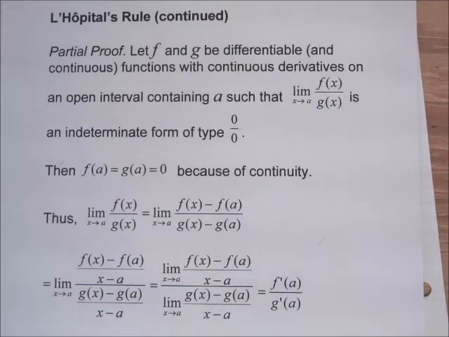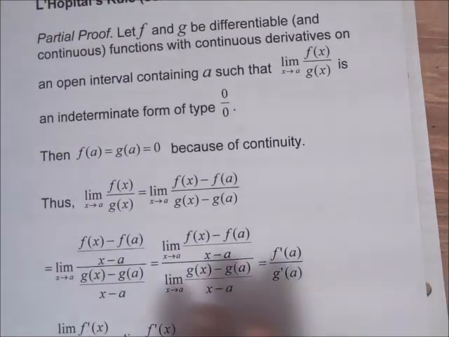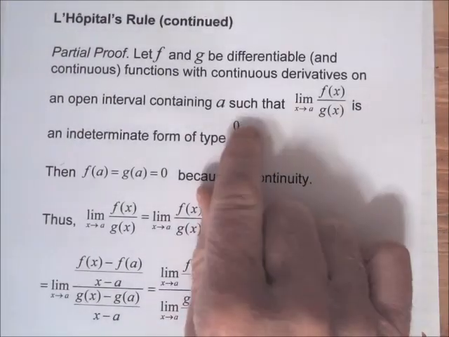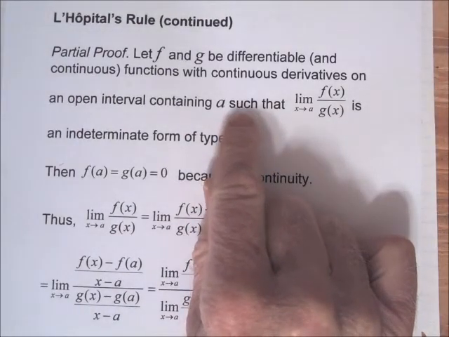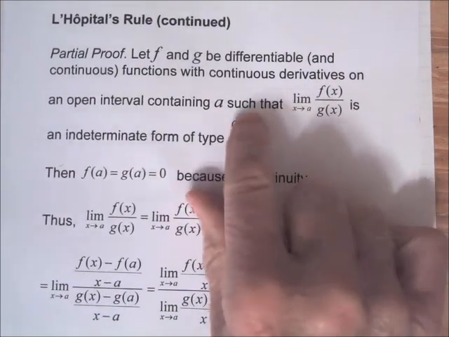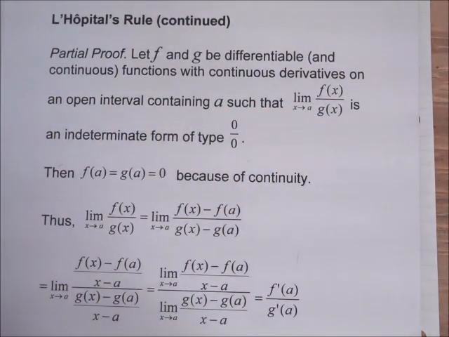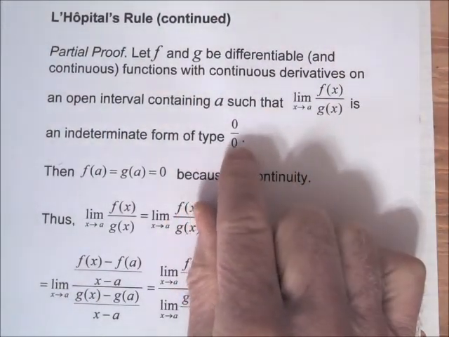I'm not covering all the cases here, I'm just covering the case where we have an open interval containing a point a. The other parts of the proof will be similar, but I'm not trying to prove all the different cases.